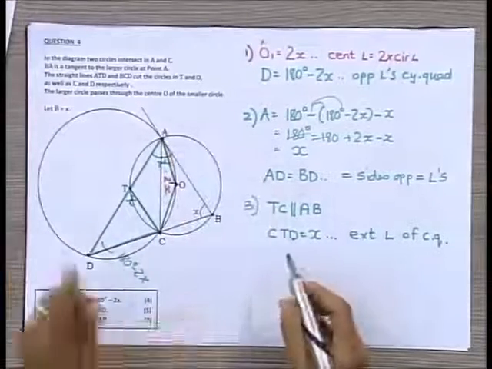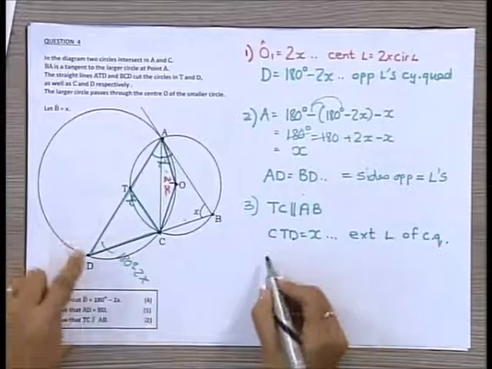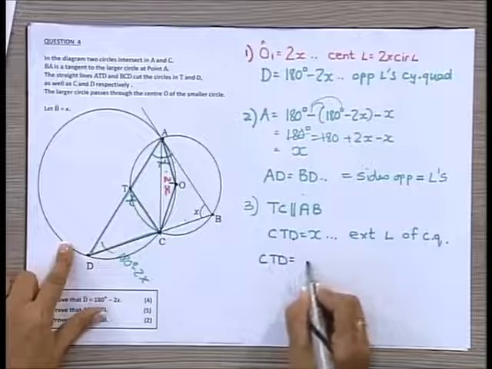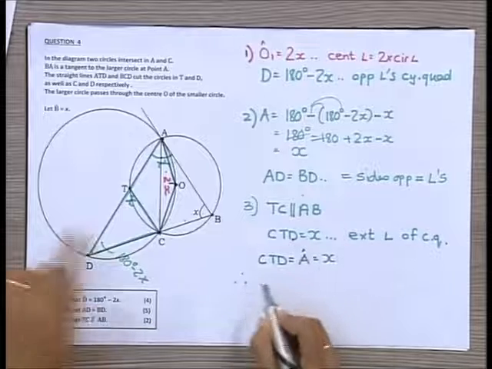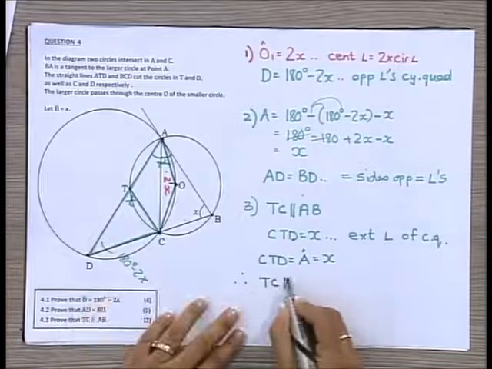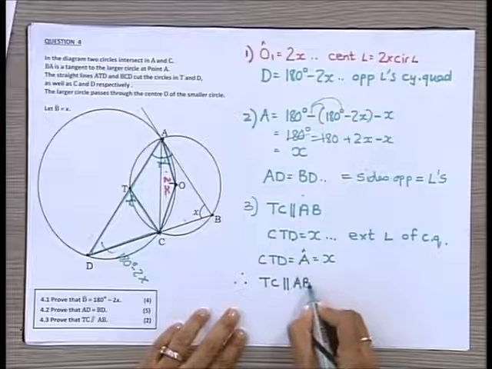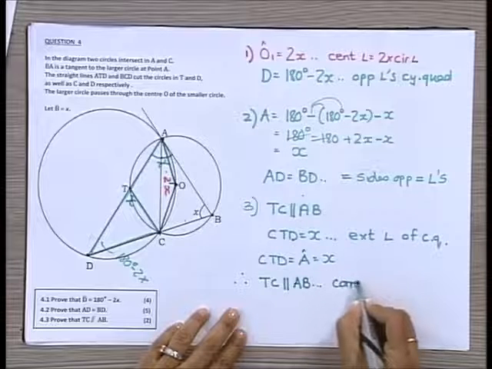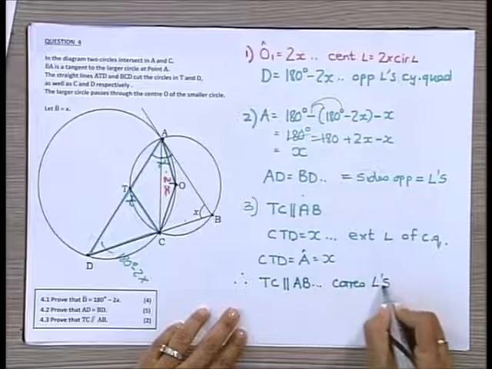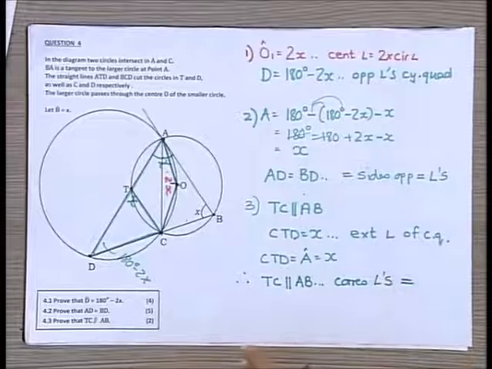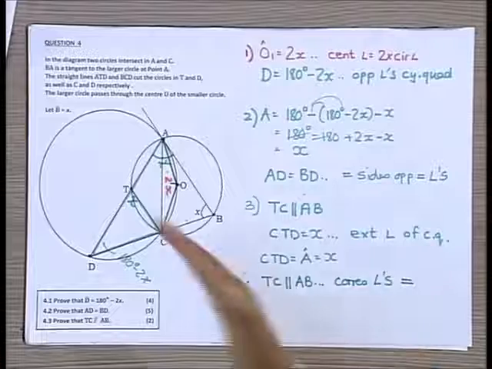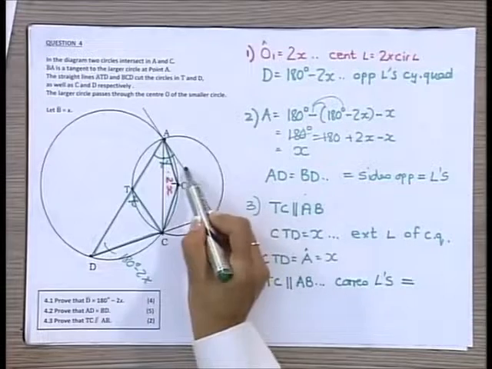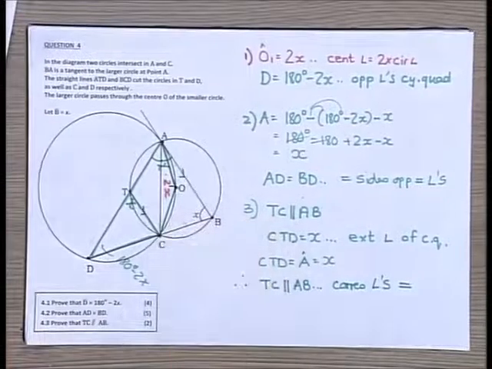So I said this angle CTD is equal to angle A, which are both x. That means TC must be parallel to AB. Corresponding angles are equal. If your corresponding angles or your alternate angles are equal, your lines automatically become parallel.